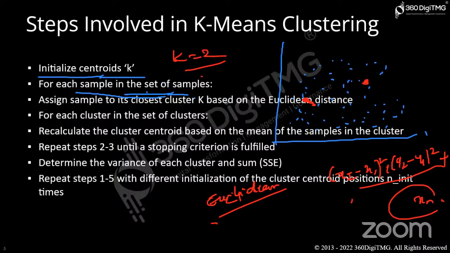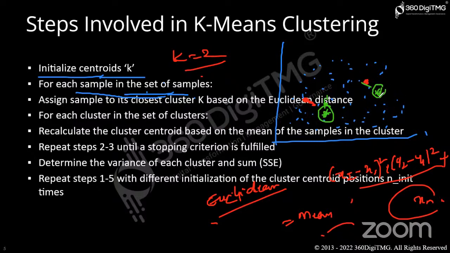Whatever values we get, for that we calculate the mean. Wherever there is a new mean, we navigate to the new centroid, and again calculate the same.